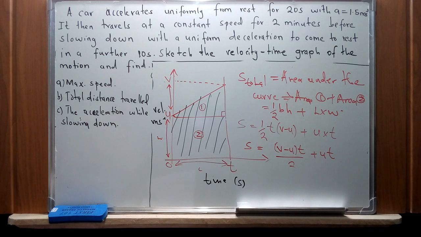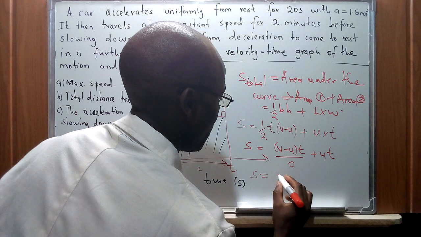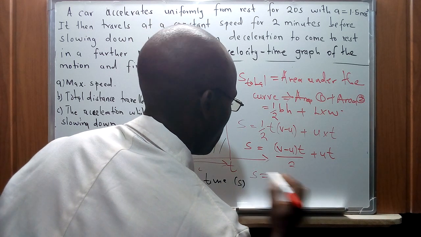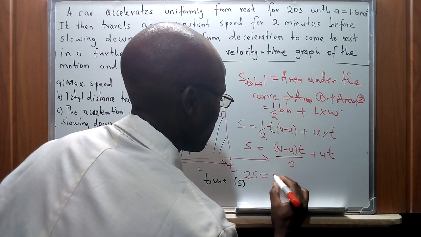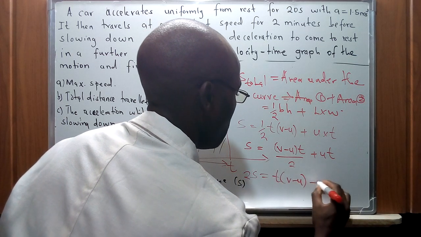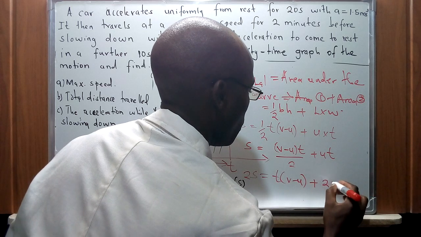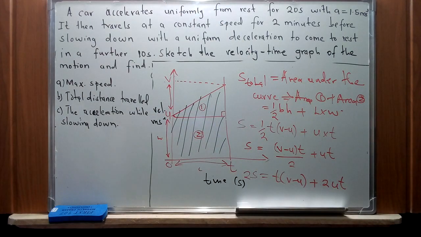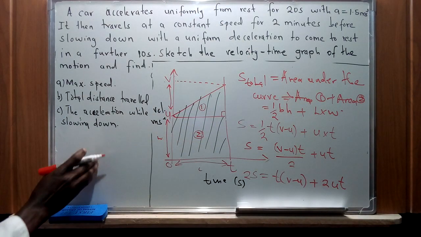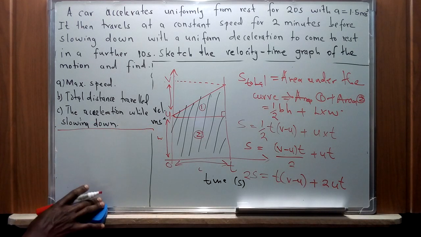We shall come up with 2S equals t into v minus u plus 2ut. So we can just use the space here to find the final answer.